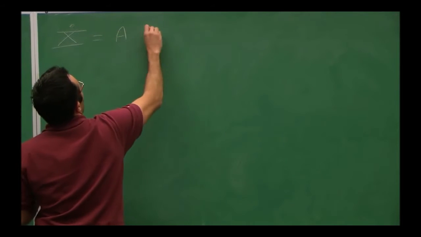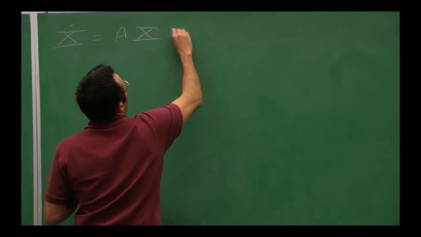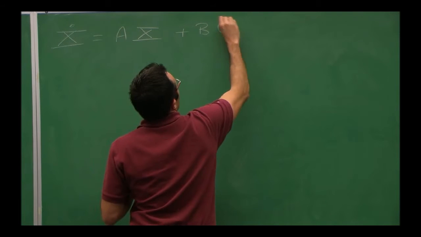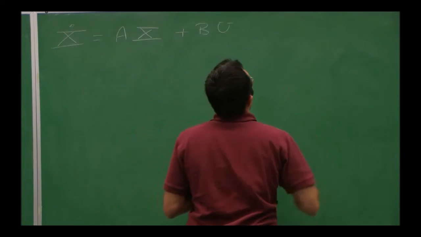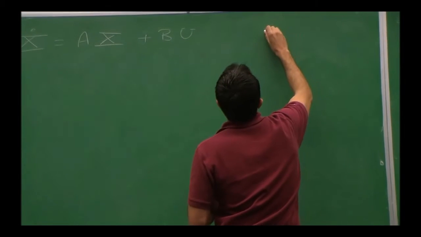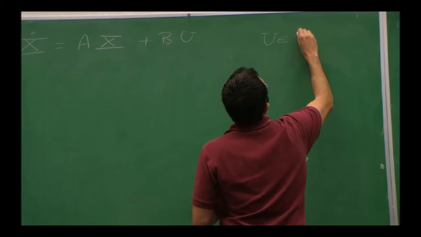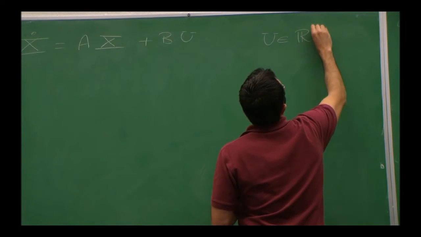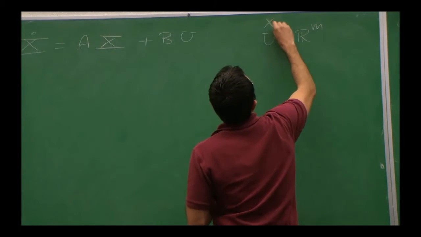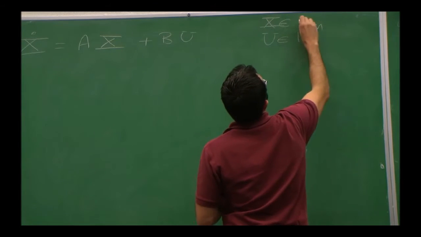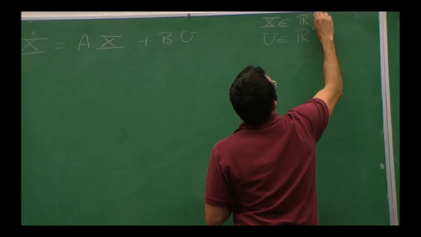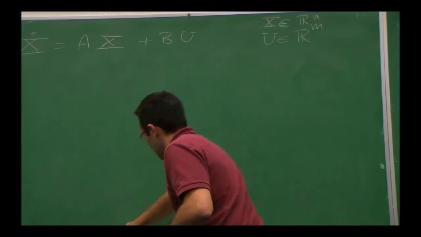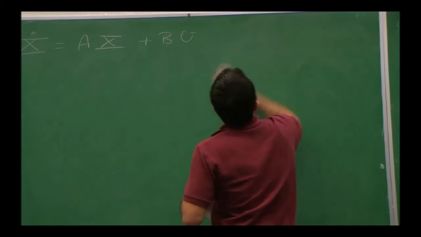It's still there, x dot equals Ax. Now we have a Bu, where u may be an input, a control variable. So u may be a vector that is of dimension m, where remember the state vector is of dimension n. I have n variables. Sorry, I don't know why I'm writing everything so small.